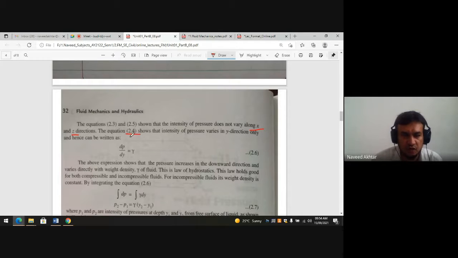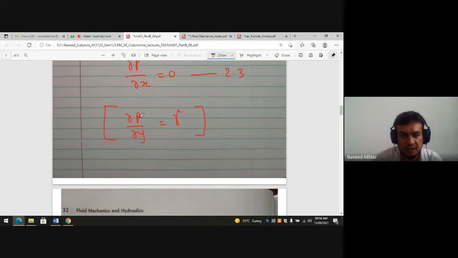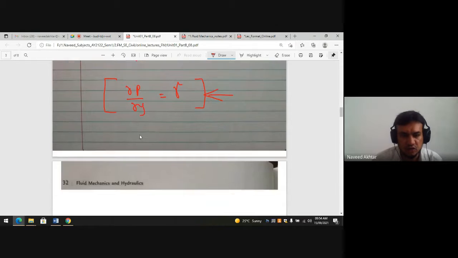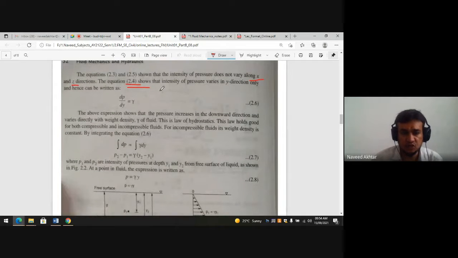Equation 2.4, dou p by dou y is equal to gamma, shows that the intensity of pressure varies in the y direction only, and hence can be written as dp by dy is equal to gamma.